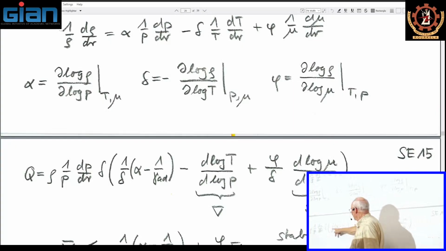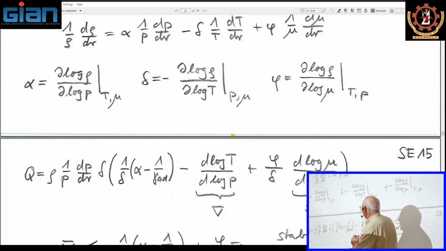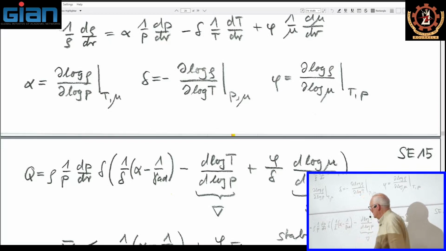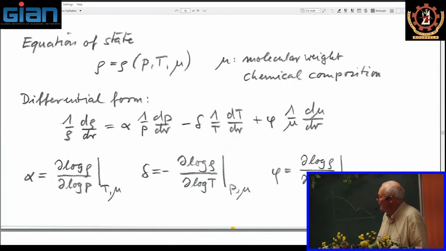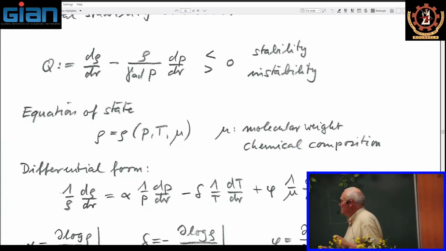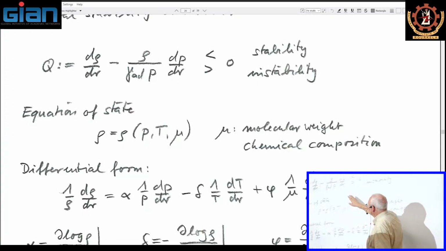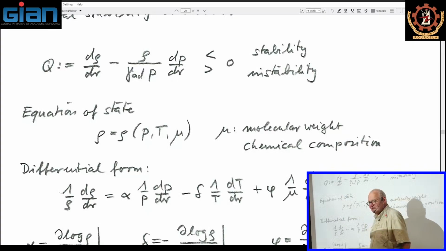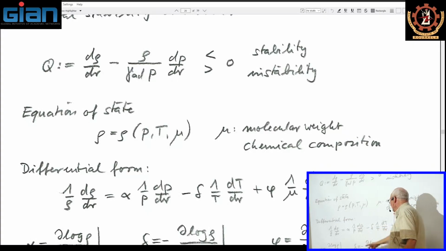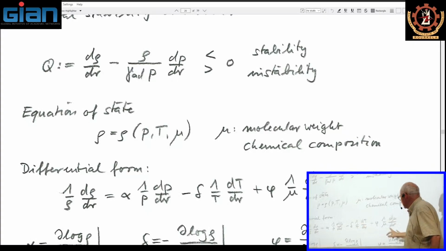We are left with 1 over delta times alpha minus 1 over gamma adiabatic. That is, of course, coming from this term here. This 1 over gamma adiabatic comes from here. The other one comes from the d rho by dr and its replacement by pressure gradient and temperature gradient.